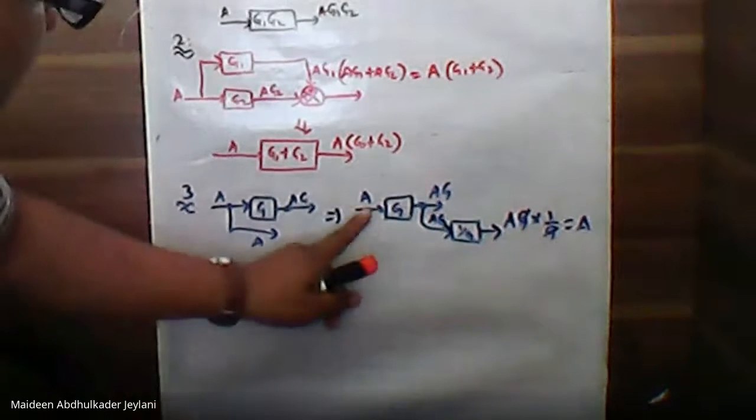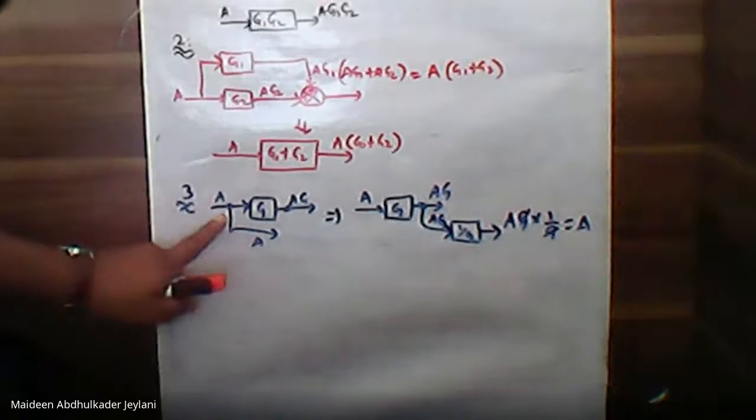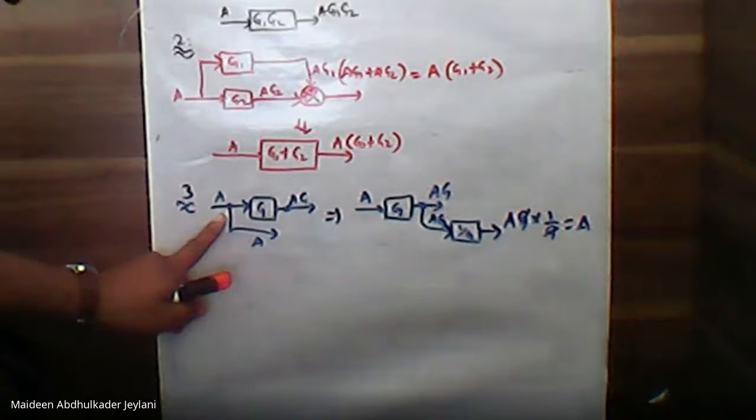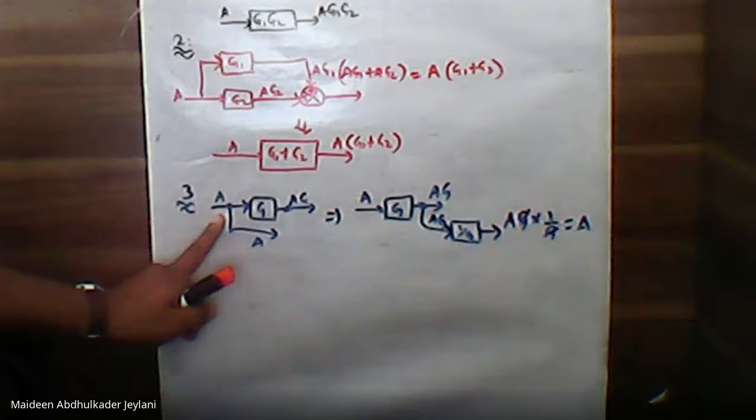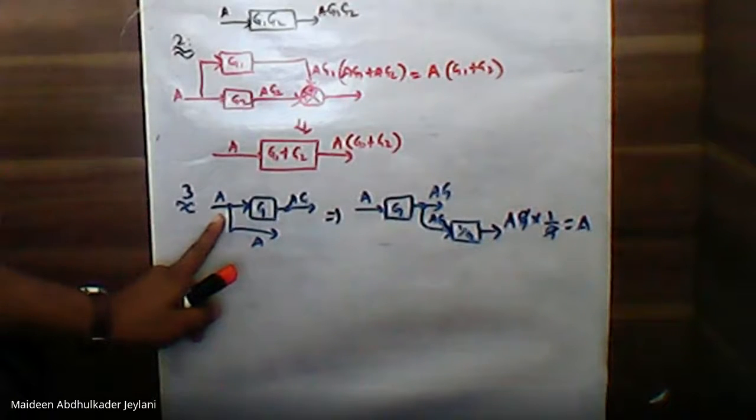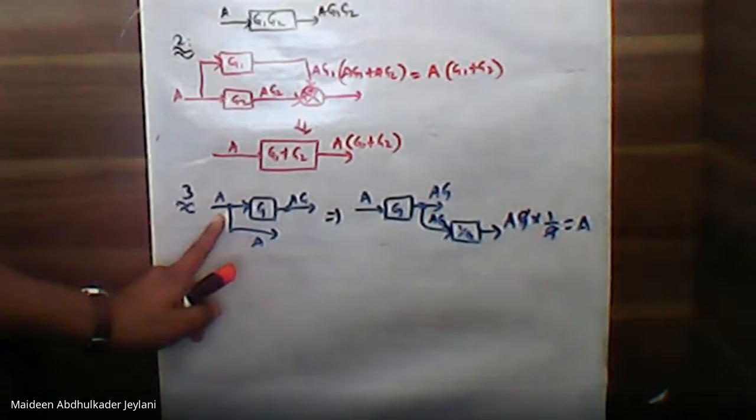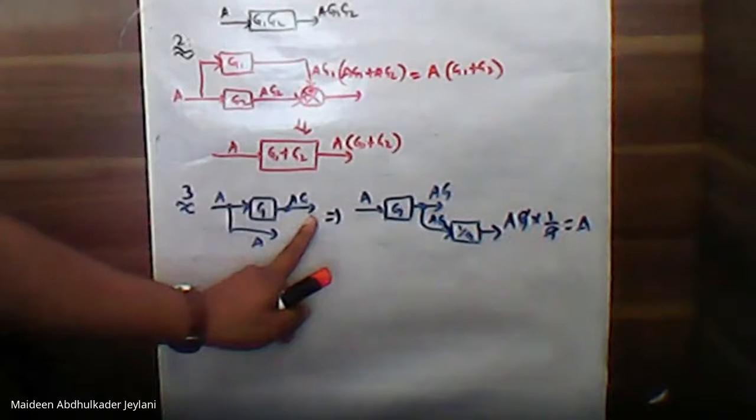Clear? So what have we moved ahead? The branch point is A. When you are moving a branch point ahead, our system gain should not be changed. When you are moving this A to the right hand side, after moving it should have our same input.